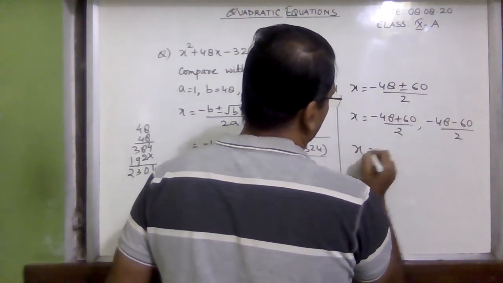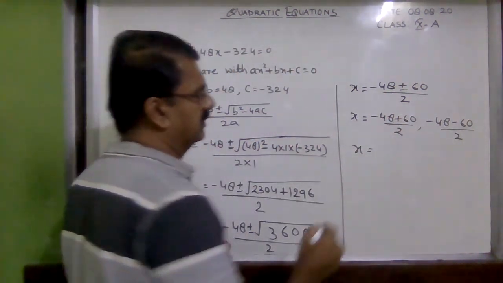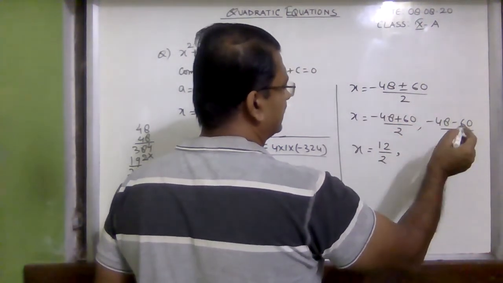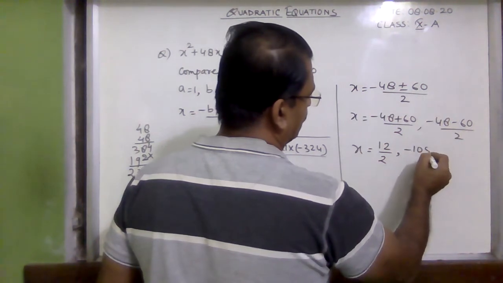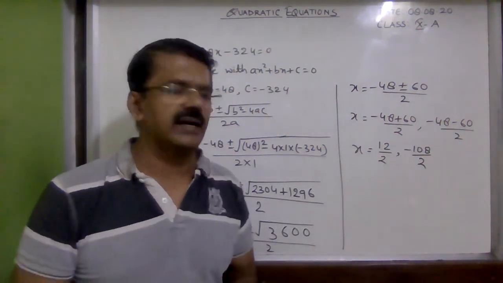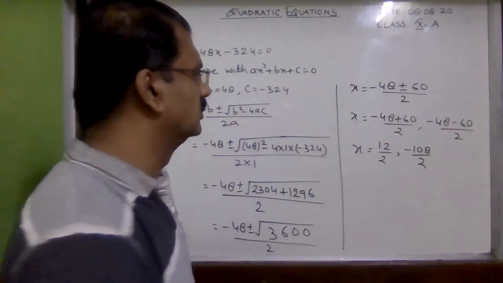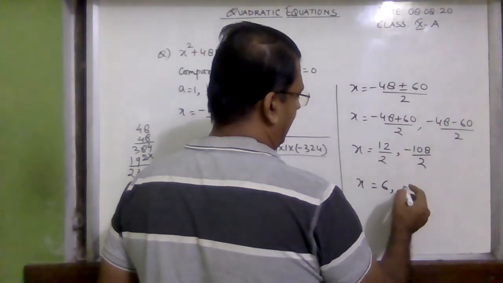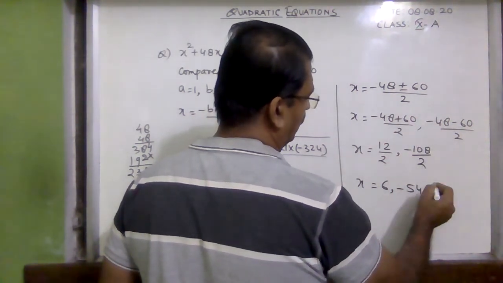Now −48 plus 60 is 12, so it is 12 upon 2, and −48 minus 60 is −108, so −108 upon 2. That is x is equal to 6 and −54.